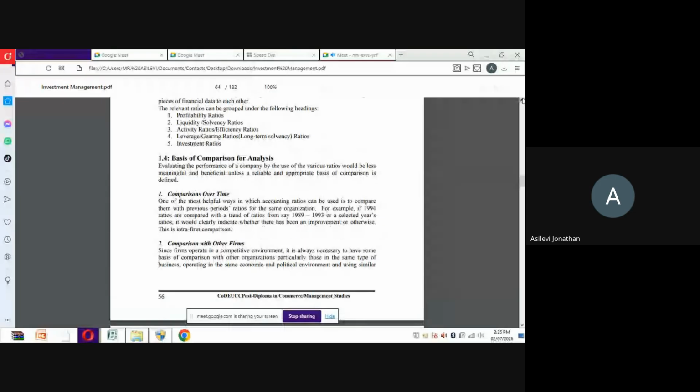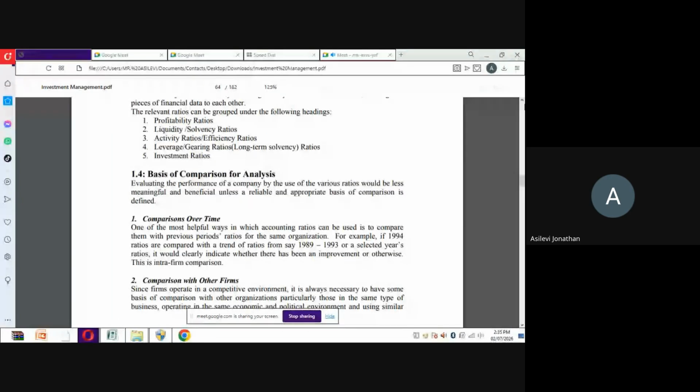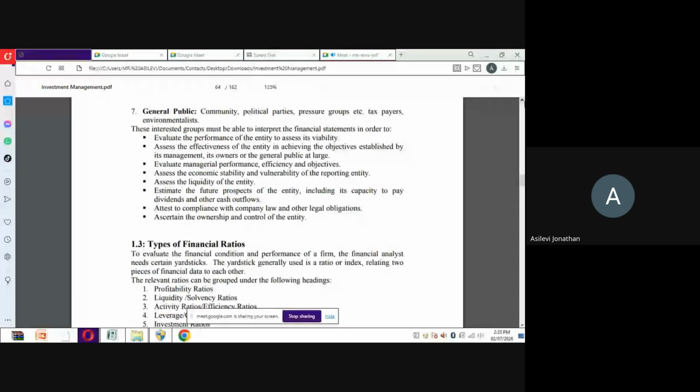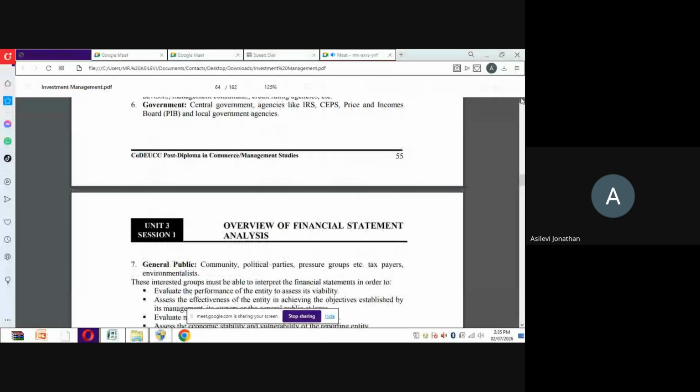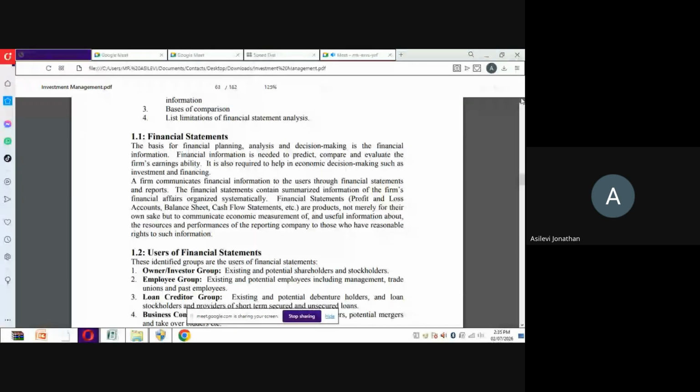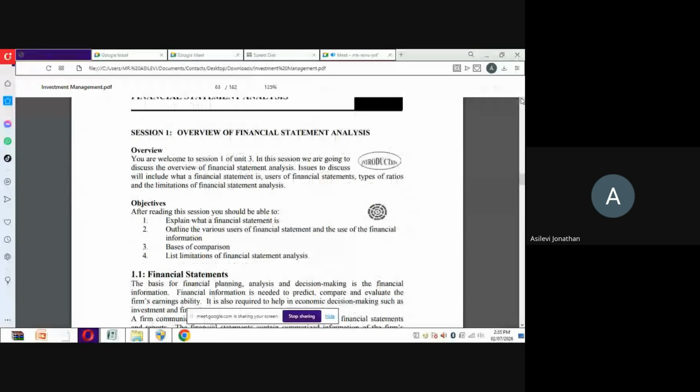So, basis of comparison for analysis. So, financial statement.